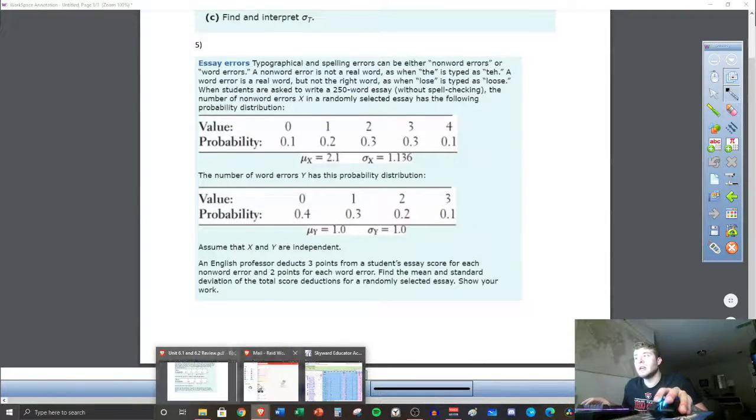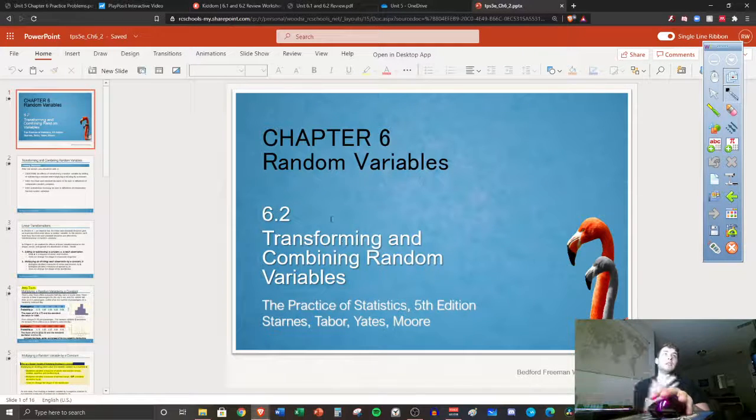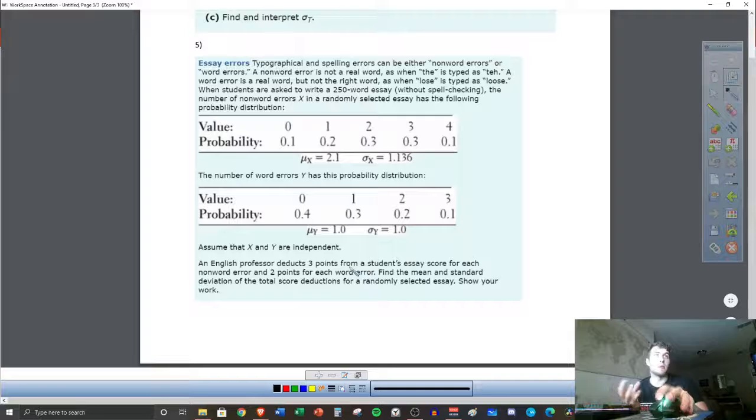Okay. So we are going to need a couple things, or to remember a couple things. Here was the PowerPoint that we looked at. This is transforming and combining random variables. So this problem actually has all of those. We have to transform the data and we have to combine the variables. So we're doing everything in this one problem, okay?